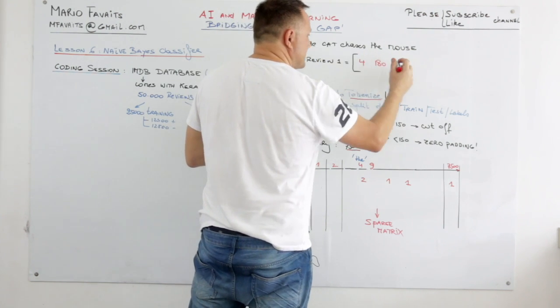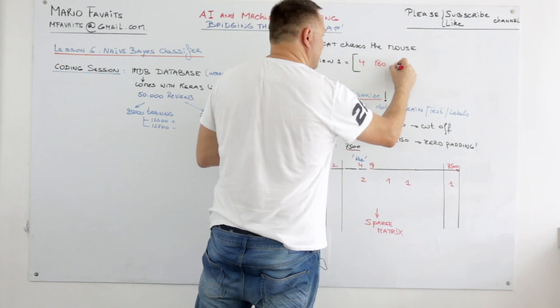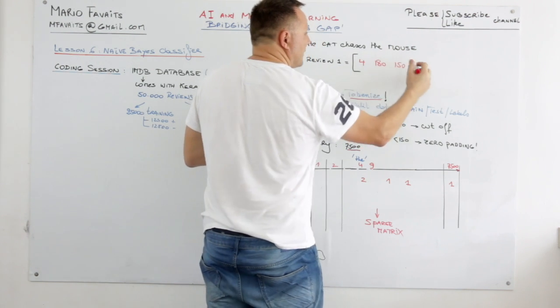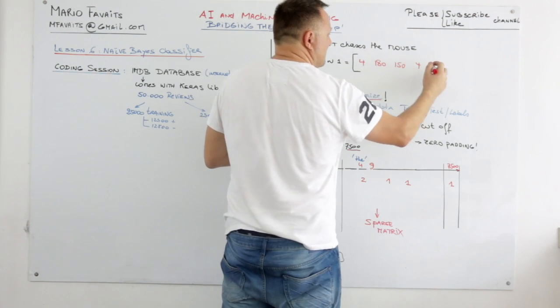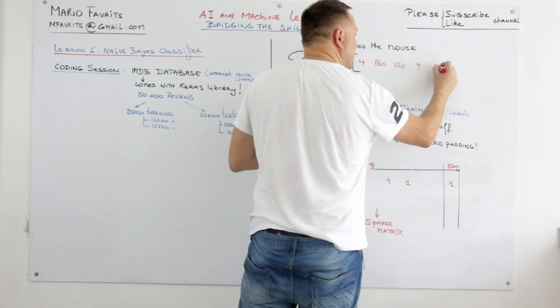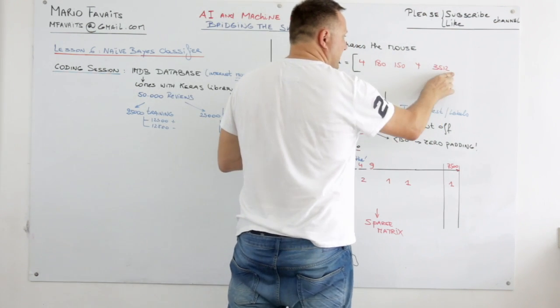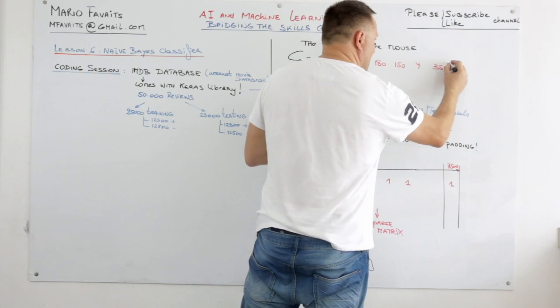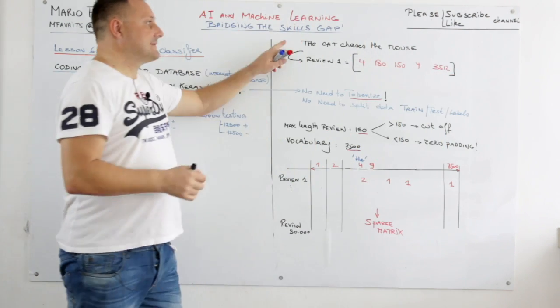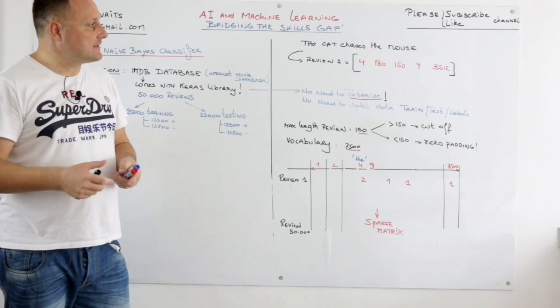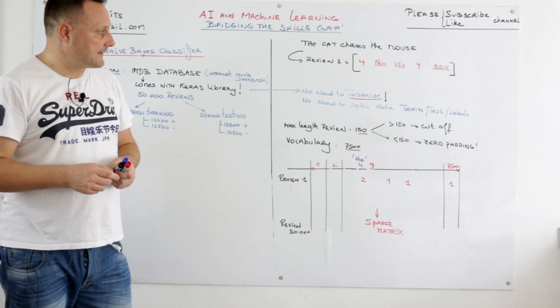Chases maybe 150, and the is again 4, and then mouse could be 3,512. So I just converted this sentence to a list of sequences.